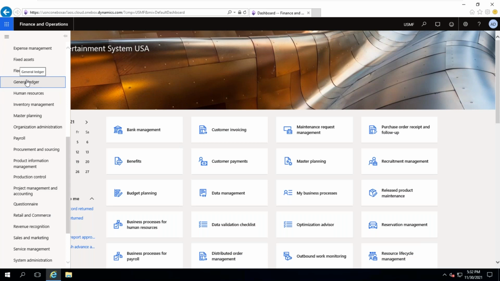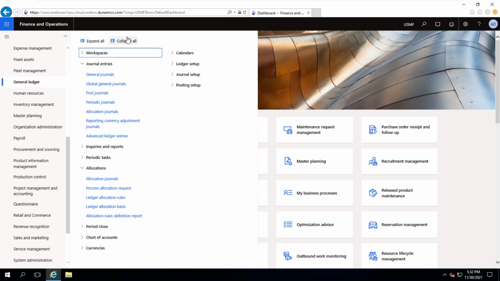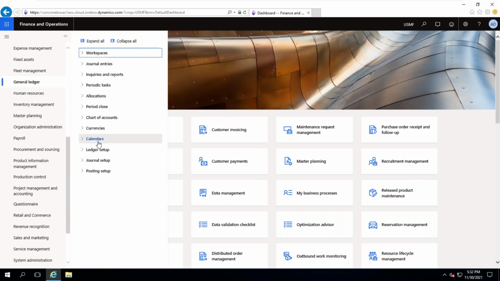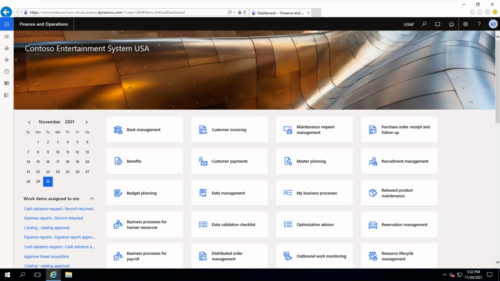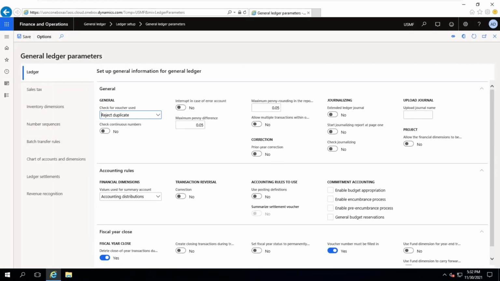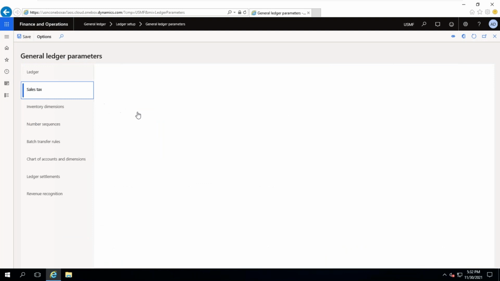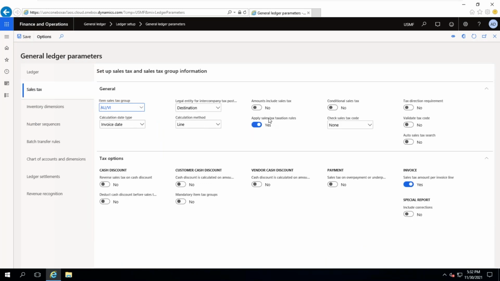General ledger, ledger setup, general ledger parameters. In this sales tax tab, if you verify in your environment, this apply sales taxation rules checkbox will be enabled.